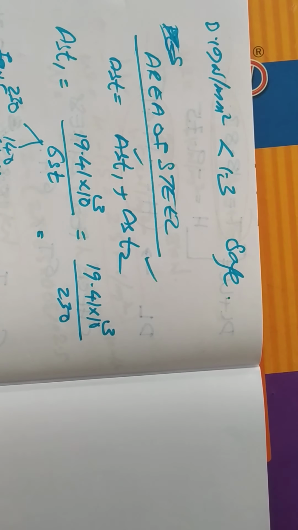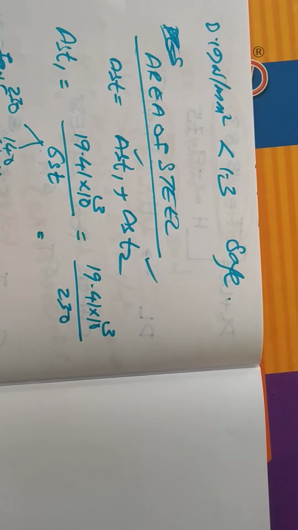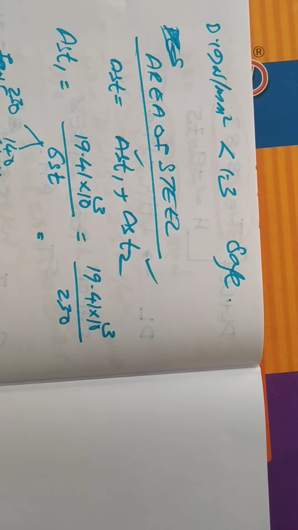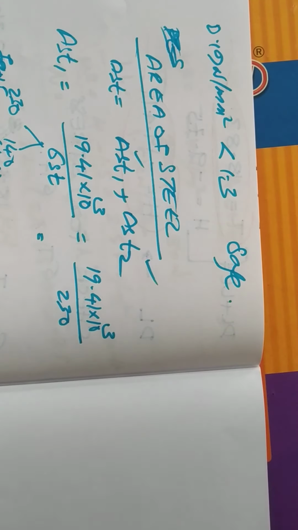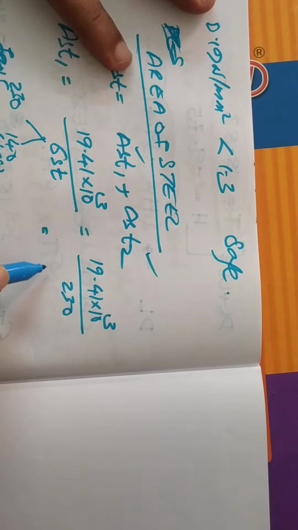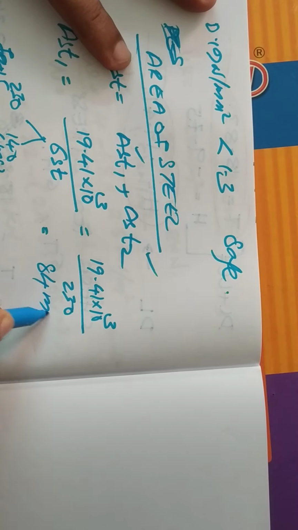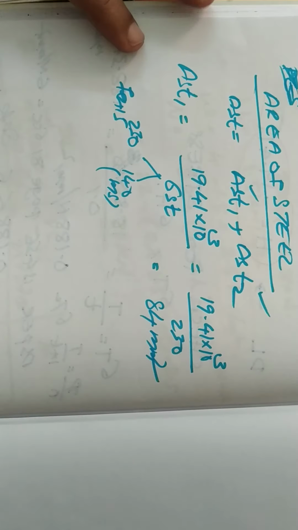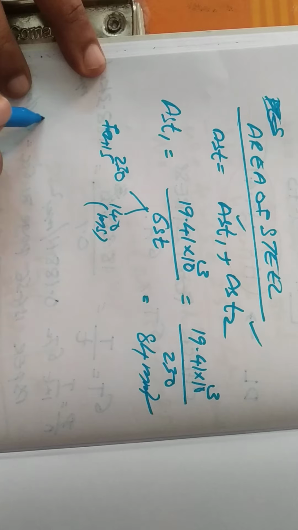So how much is coming? Let me calculate it. 19.41 into 1000 divided by 230. It is coming 84 millimeter square.